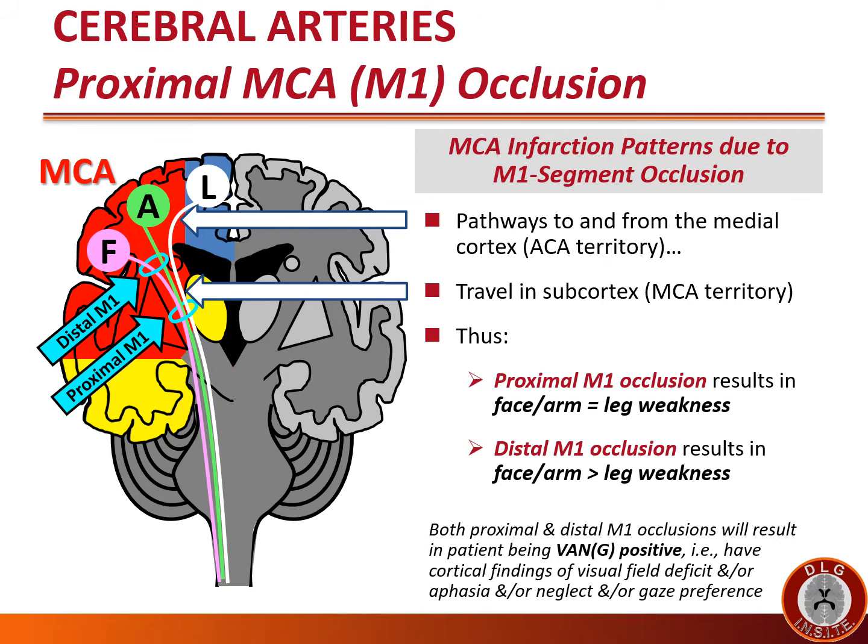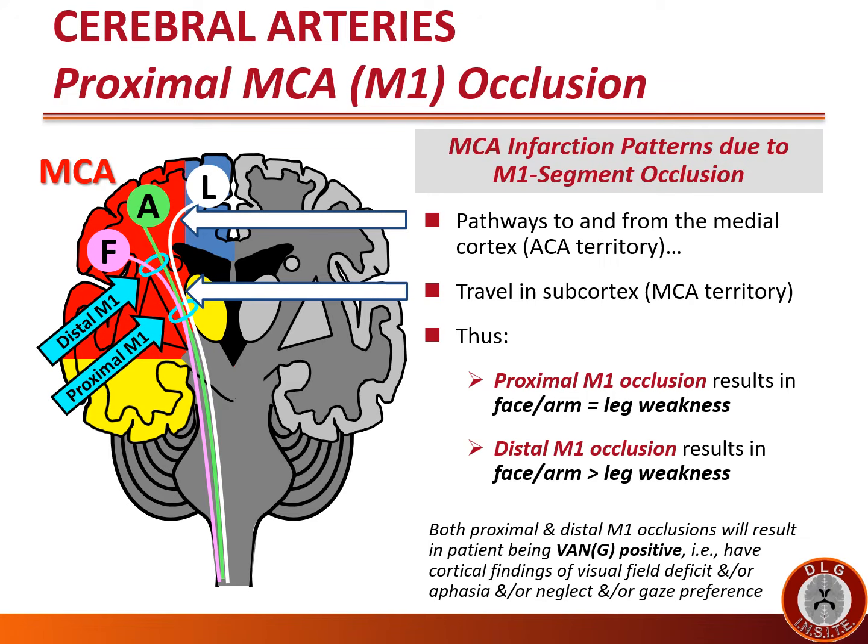Recall that the MCA supplies the lateral brain, the area of the cortex that controls the arm and face motor and sensory areas. The anterior cerebral artery supplies the medial cortex, the area for leg control of motor and sensory functions.